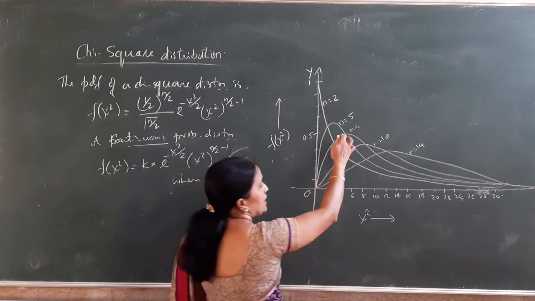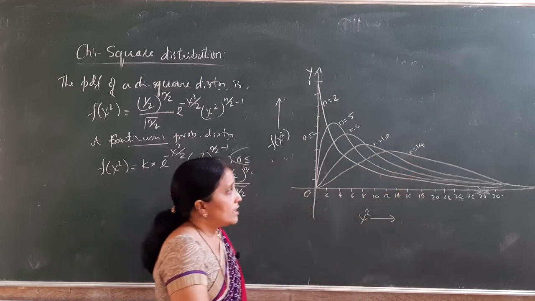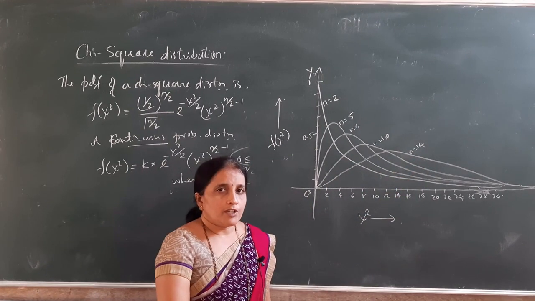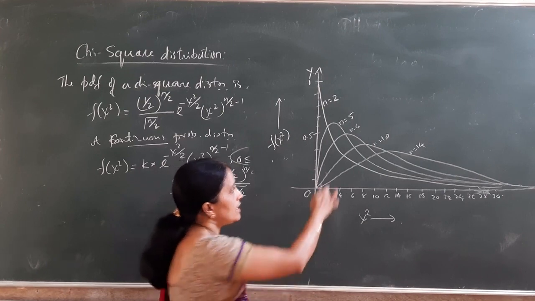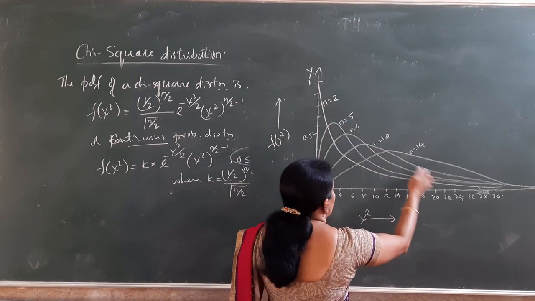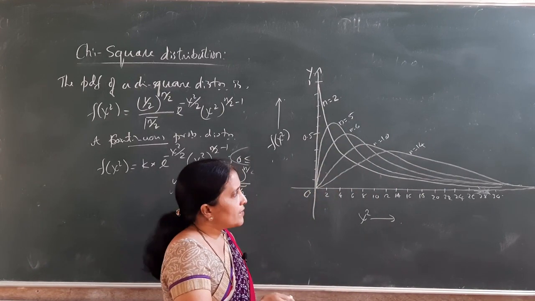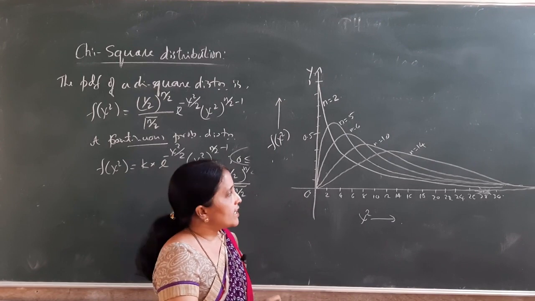When n is equal to 5, 6, 10, 14 and so on, all the curves are positively skewed, because in each of these curves the right tail is longer than the left tail. But we can compare the skewness of each curve.